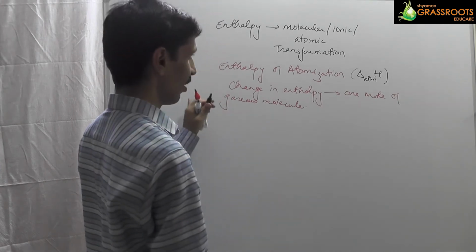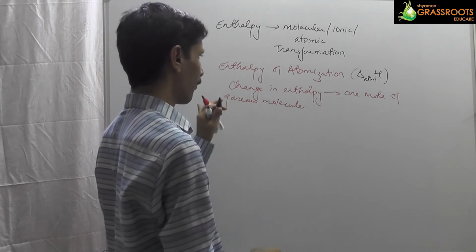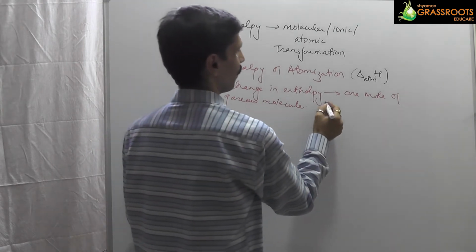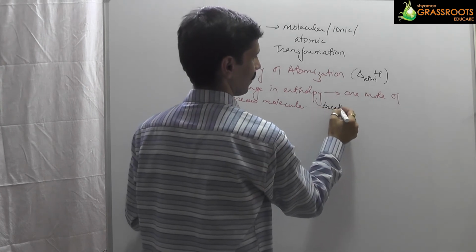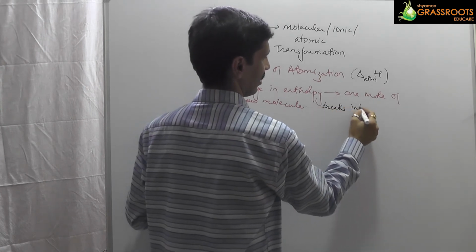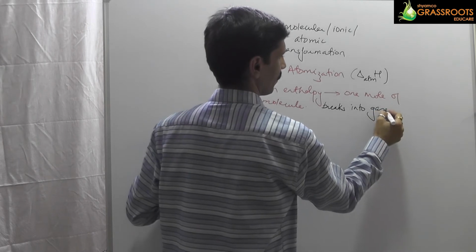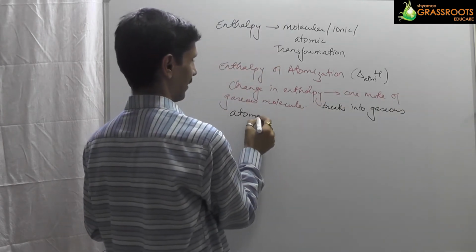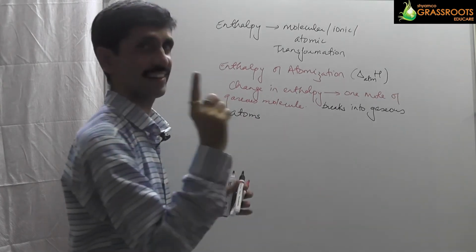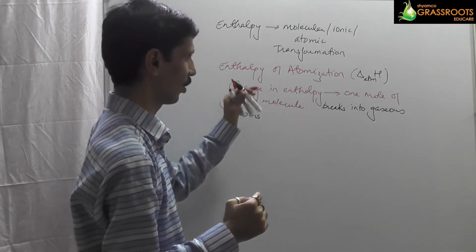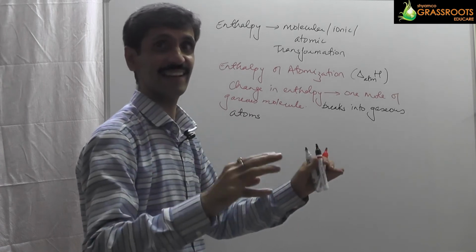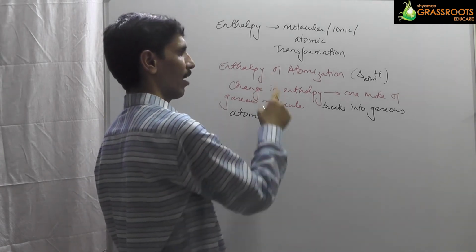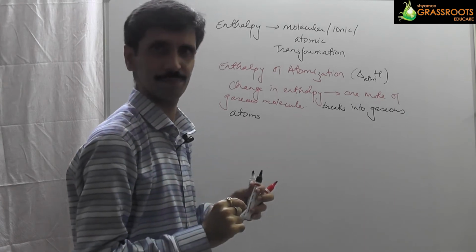So change in enthalpy when 1 mole of a gaseous molecule breaks into gaseous atoms. Okay, change in enthalpy when 1 mole of a gaseous molecule breaks into what? Gaseous atoms. Okay, and that is called as enthalpy of atomization.